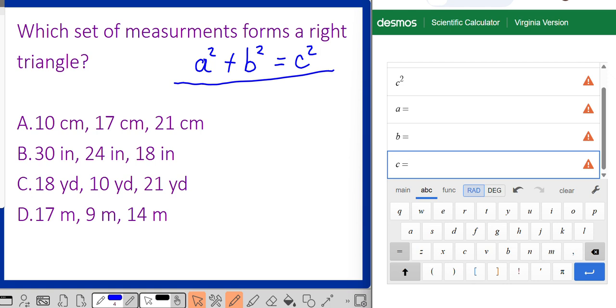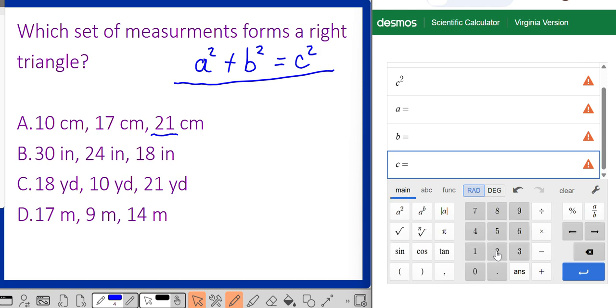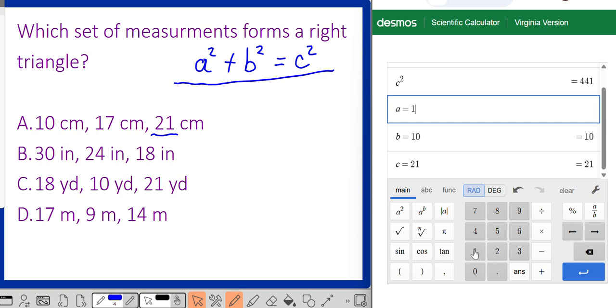So let's look at A. 10 centimeters, 17 centimeters, and 21 centimeters. In this case, the largest was last, but that is not always true, so be very careful. But we're going to make C 21 because it was the largest. Then A and B, we're just going to plug those in: 10 and 17.